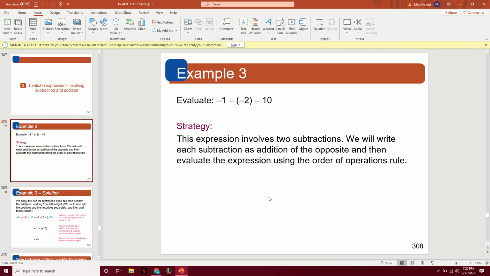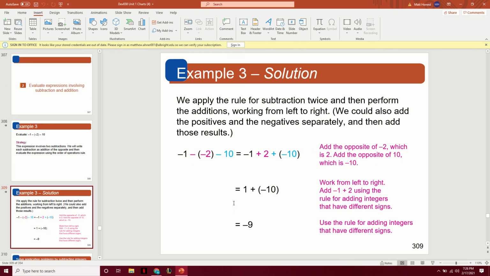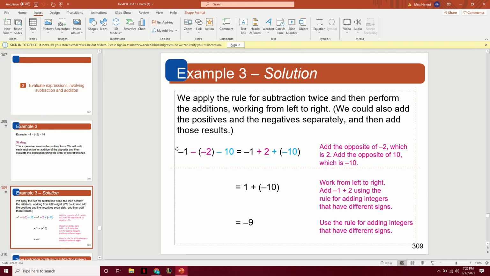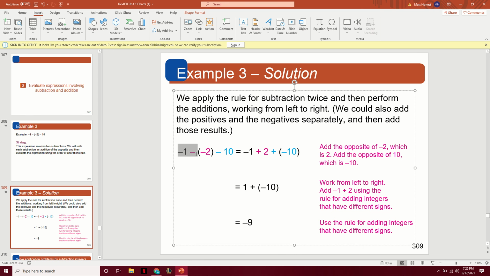So let's see an example of this. This example here is negative 1 minus negative 2 minus 10. The first step here will change all of our minus signs to adding the opposite. So for this problem, I have a negative 1 minus negative 2.